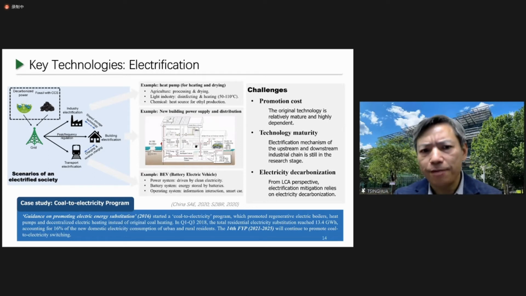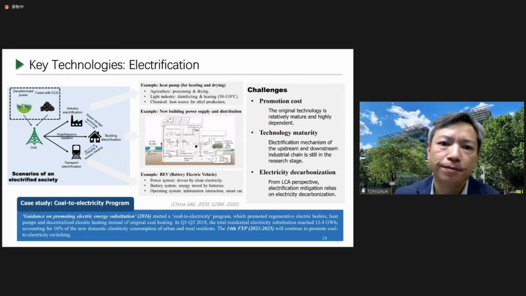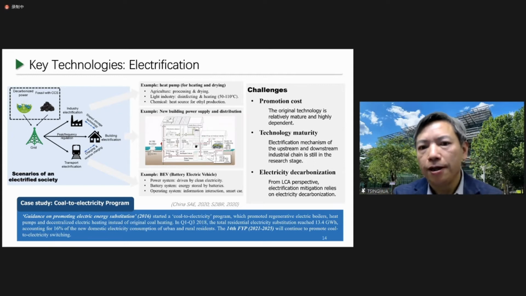So it is anticipated that electricity will become the main energy carrier in all end-use sectors, although the trends vary significantly. There is a case from the coal-to-electricity program in China of this type of transition, especially carried out in the northern region of China.